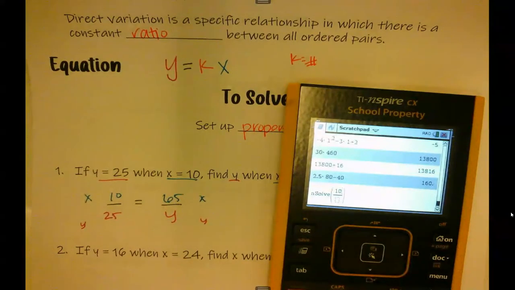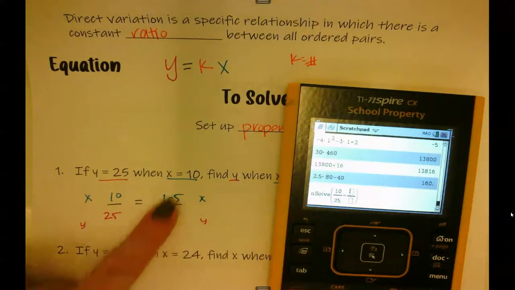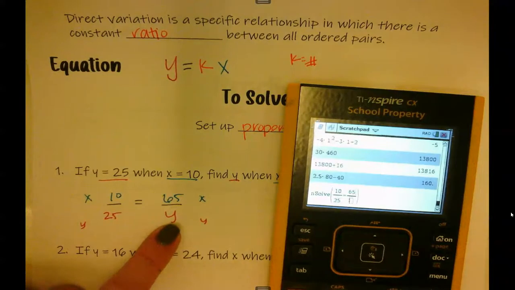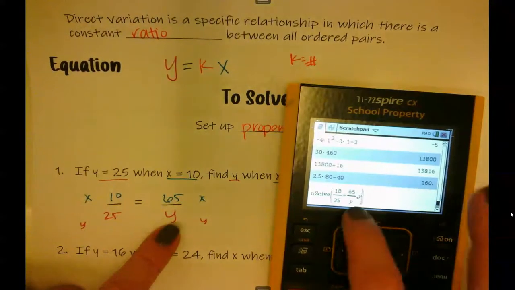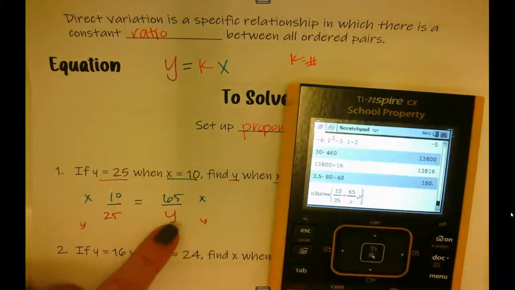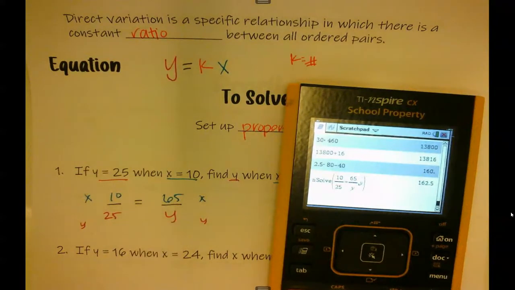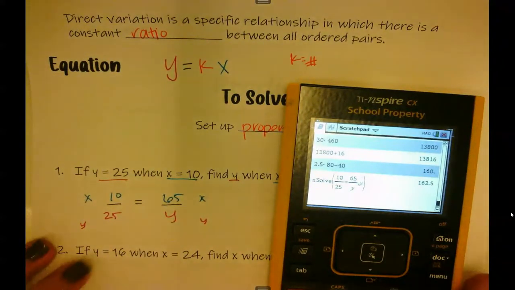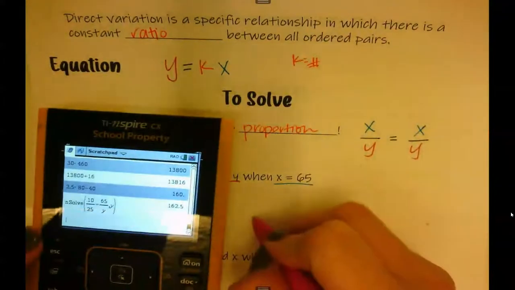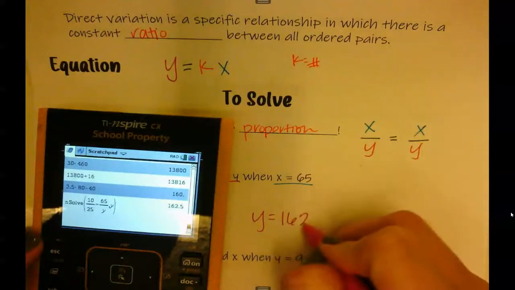So I'm going to put 10, arrow down, 25, arrow over to get back to the main line, equals, again Control divide, so I get that other fraction, 65 over y, arrow over again to do my comma y. Remember, if I use a y here, I got to use a y there, equals. So here, when x is 65, y equals 162.5.